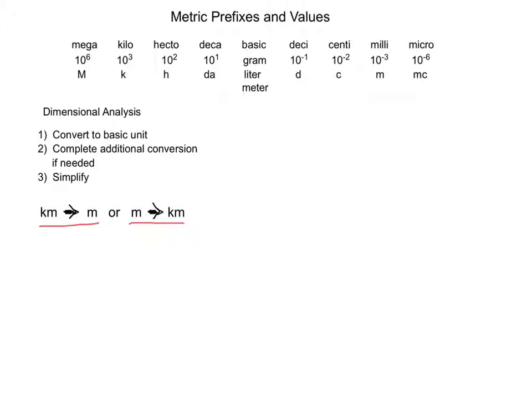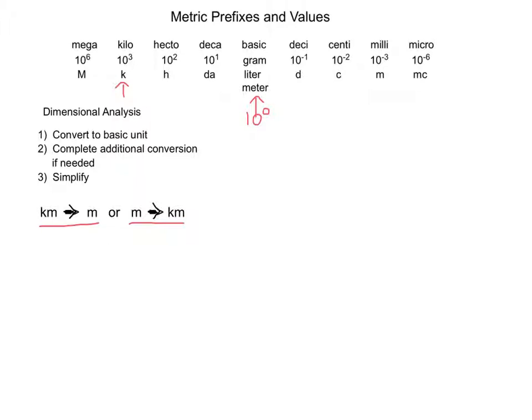So let's take a look at where these end up happening in our diagram. So again, a meter is our basic unit here. And so if we're looking at that, remember that that's going to be a 10 to the 0 power. And if I'm looking at kilometers, they're over here, and that's a 10 to the 3rd power.